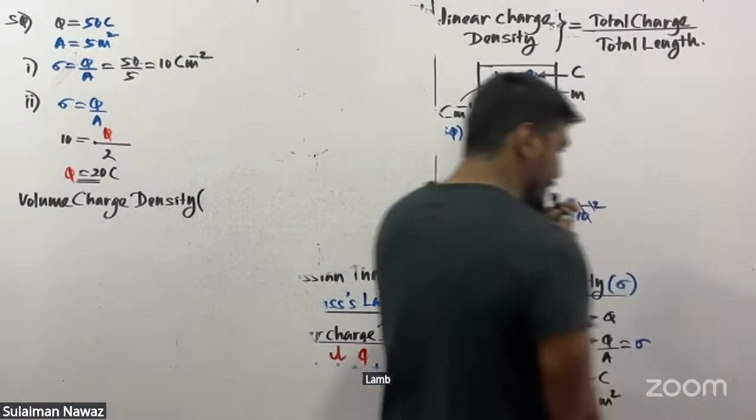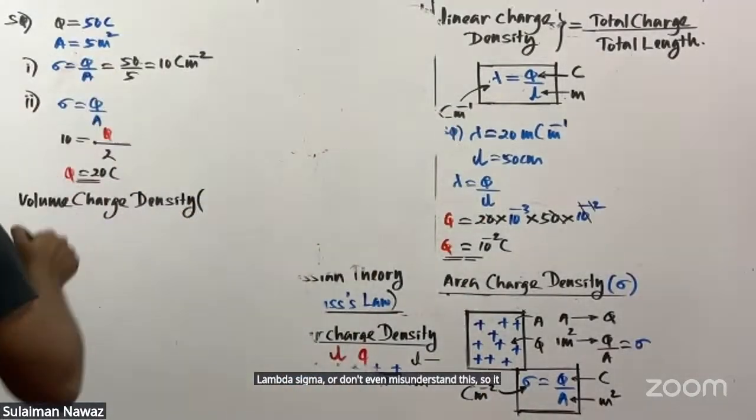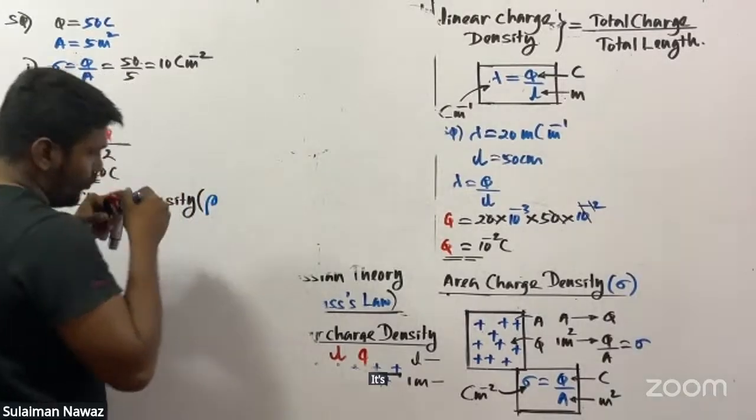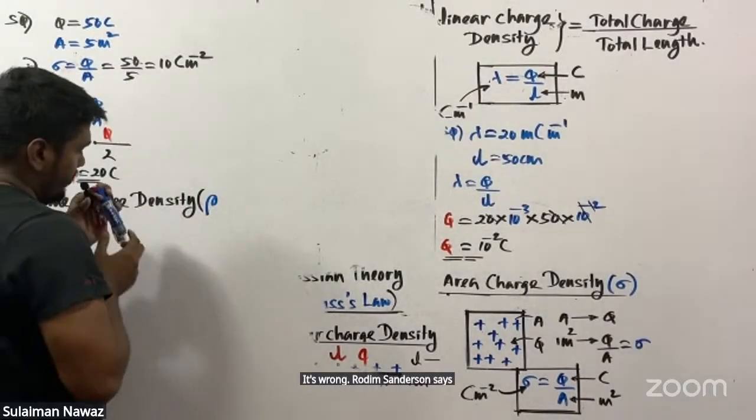Lambda, sigma, rho. Don't misunderstand, this rho is not the normal density rho.